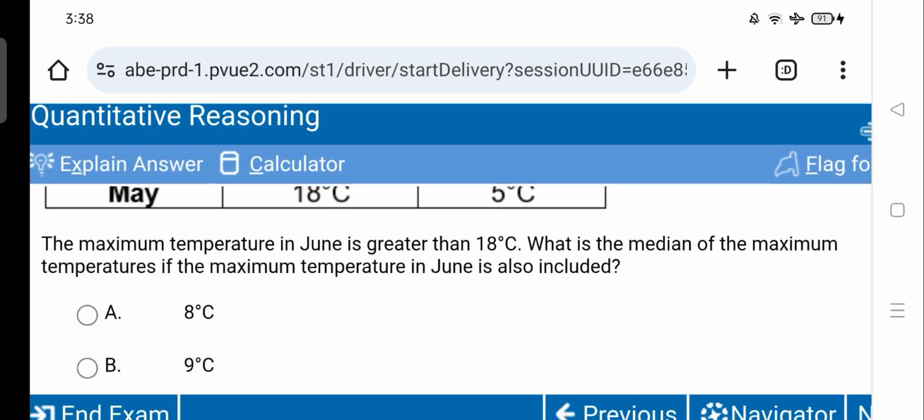And the question is, the maximum temperature in June is greater than 18 degrees centigrade. So what is the median of the maximum temperatures if the maximum temperature in June is also included?